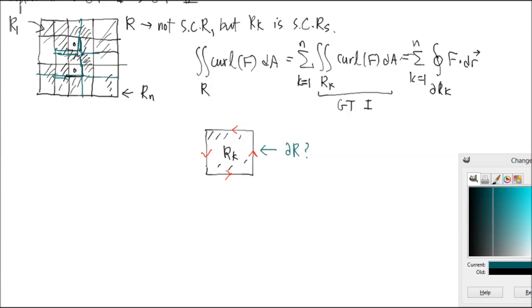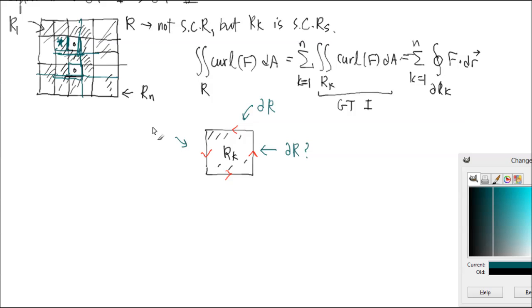So, for example, if you look at that side right there, if you're looking at this one as an Rk, right there at the star, this one is a part of the boundary of R. Is that right? The boundary of R is this outer boundary, and this inner boundary too, right? So this can be a boundary of R, right? And you ask the same question. Is this the boundary of R?